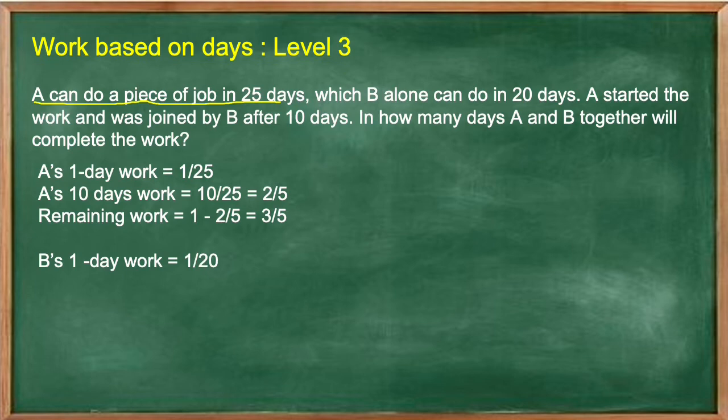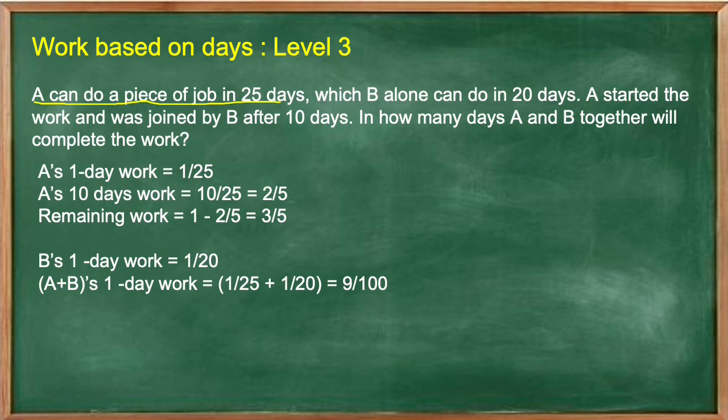And we have already calculated A's one-day work, which is equal to 1 by 25. So, if they work together, their one-day work will be 1 by 25 plus 1 by 20, which is equal to 9 by 100.